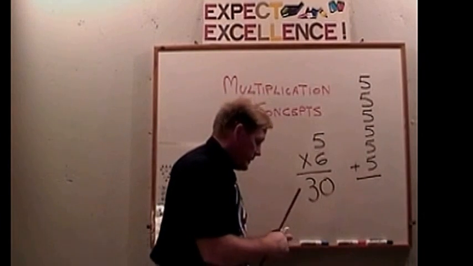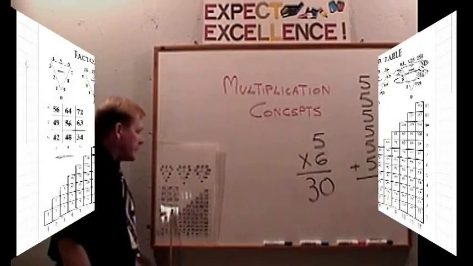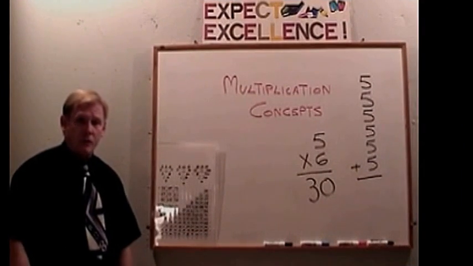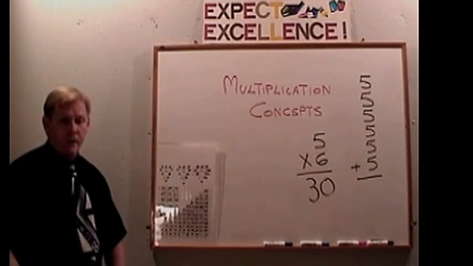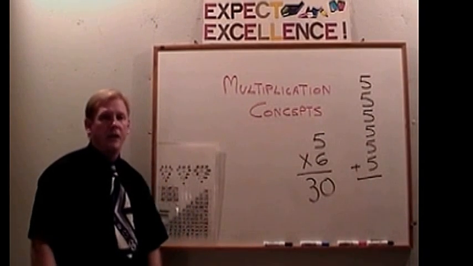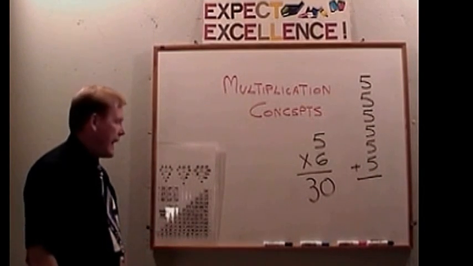It's very easy. We learn that by using our factor table. It's also known as a multiplication table, but we call it a factor table because factors are both multipliers and divisors. So you use it for division also, because division is the opposite operation to multiplication, and it's just as easy. If you know your factor table, you know both multiplication and division.